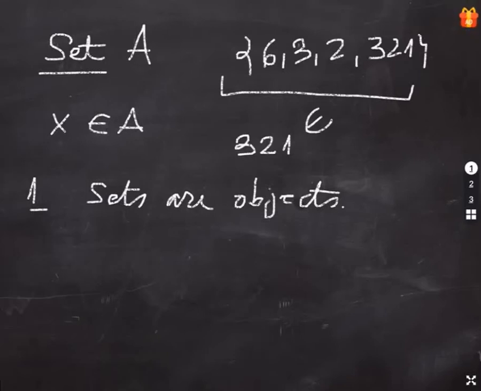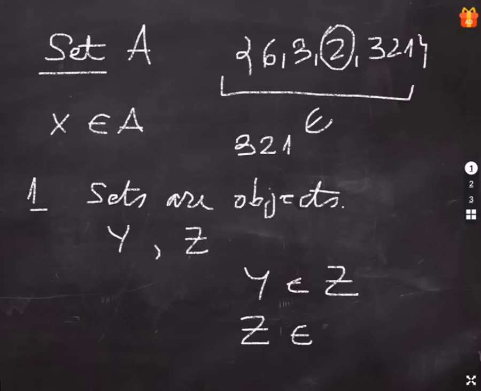In particular, also, if you have two sets, say Y and Z, you can ask the question whether Y is contained in Z as an object, like these two in the previous set, or whether Z is contained in Y, because they are objects.